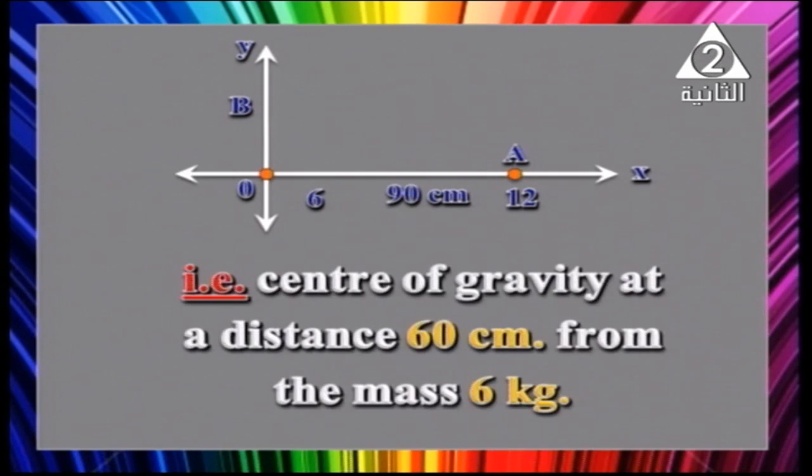The center of gravity has a distance 6 centimeter from the first body, 6 kilogram. Remember, my dear student, the first is 6 kilogram, the second is 12 kilogram.